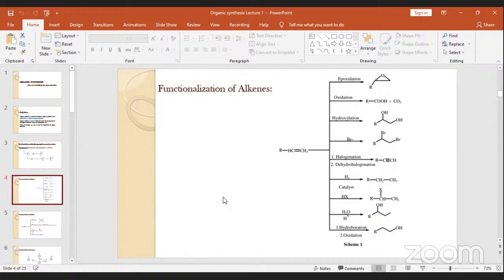Then hydroboration and oxidation. This gives less substituted alcohols. This is also one of the very useful synthetic reactions, and you can prepare any number of derivatives by this simple hydroboration oxidation reaction, just by taking the appropriate alkene starting material. Okay, and about the reagents used, you will be learning more a little later.